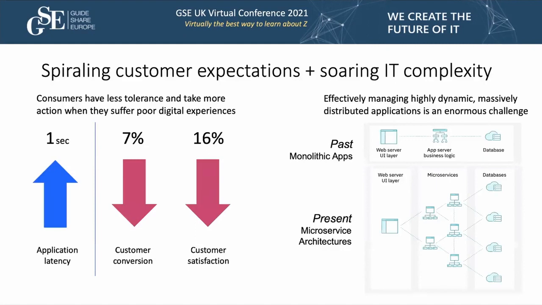So today's session is one that we've presented several times over the last couple of weeks at GSE UK, and it focuses on the topic of observability. That's really about ensuring that the mainframe is part of that discussion and the implementation of a modern hybrid cloud infrastructure.